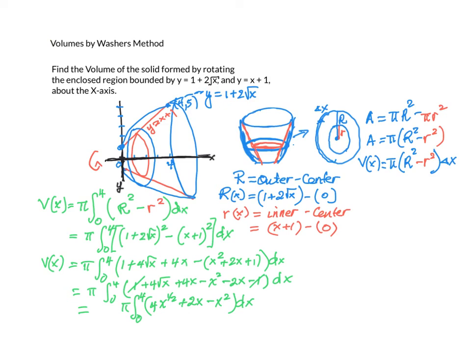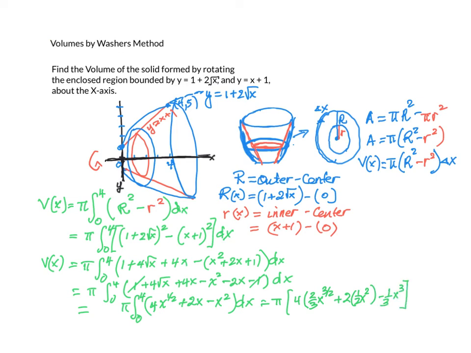Now we integrate. When we integrate, we're going to get pi times 4 times 2 over 3 x to the 3 over 2 plus 2 times 1/2 x squared minus 1/3 x to the 3rd.